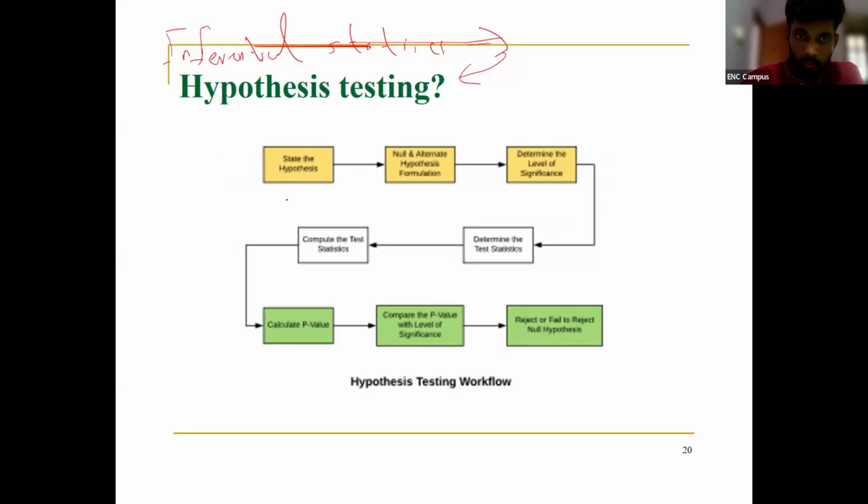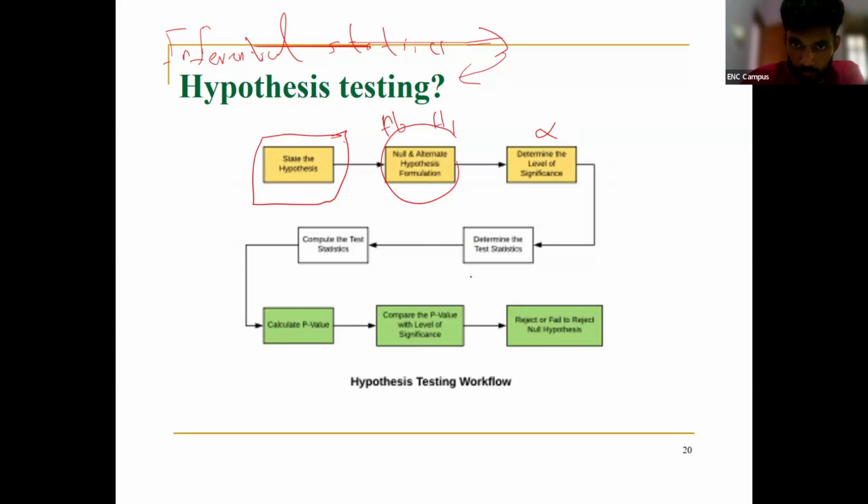Basically, in hypothesis testing, we state a hypothesis, and we define a null hypothesis and an alternative hypothesis, let's say H0 and H1. Then we determine a significance level.